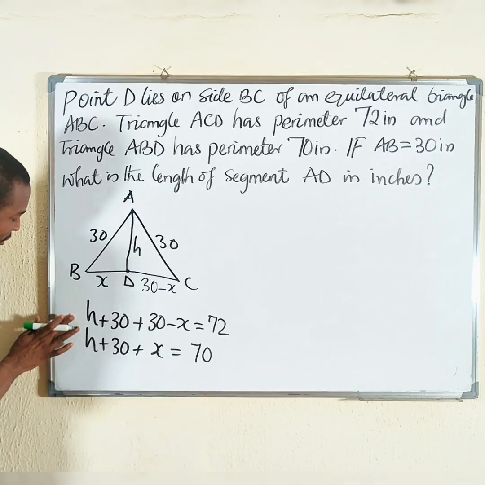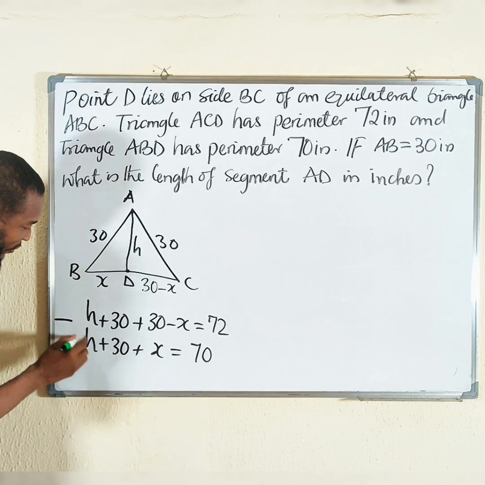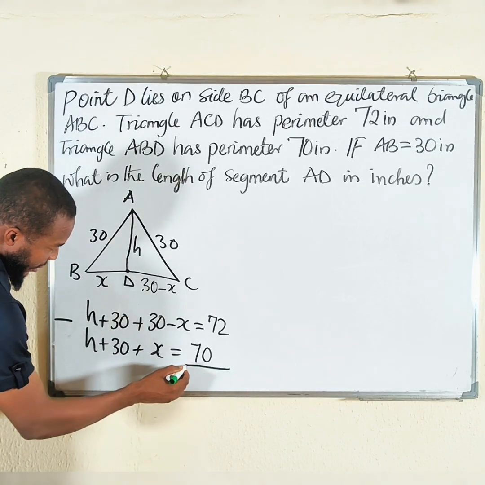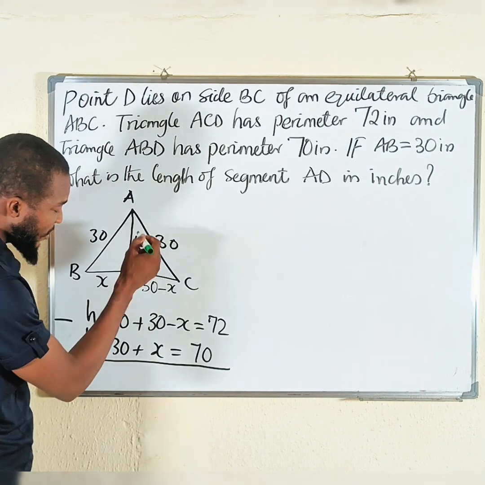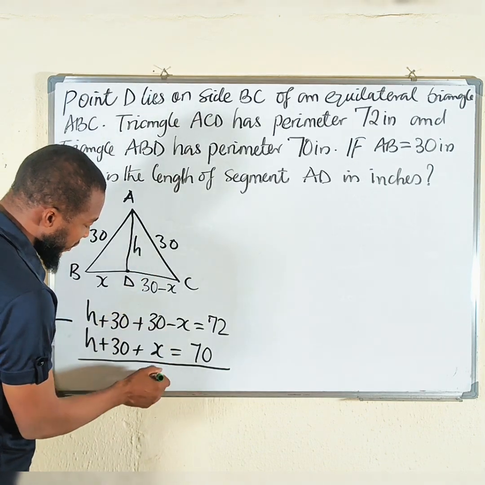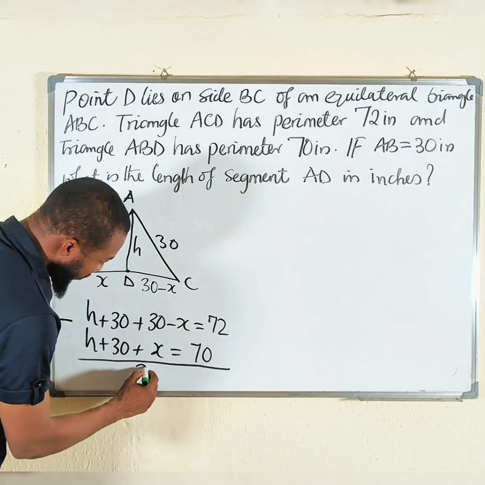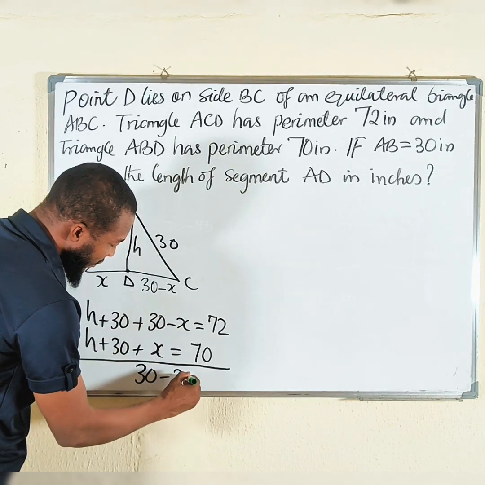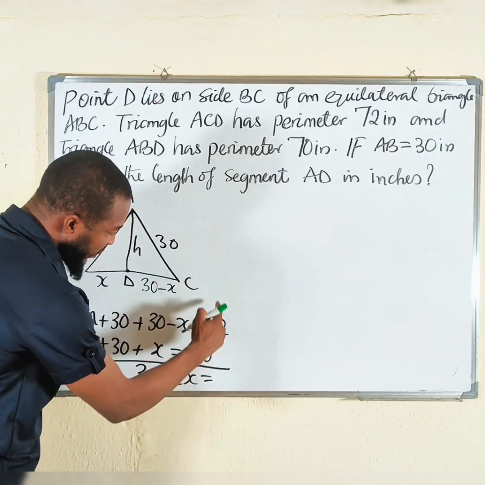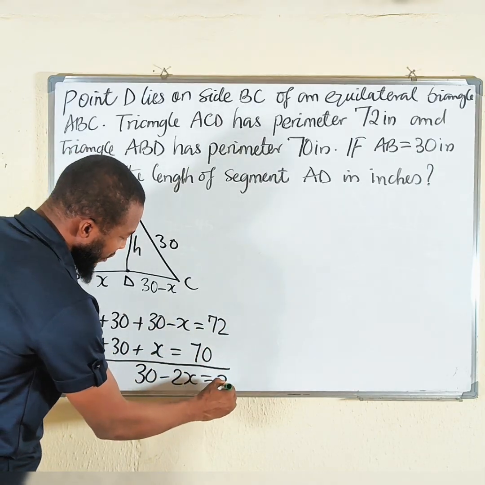Okay, let us subtract. If you subtract, H minus H is 0, 30 minus 30 is 0. 30 minus, we don't have a number here, so this is 30. Then minus X is minus 2X equal to 72 minus 70 is 2.